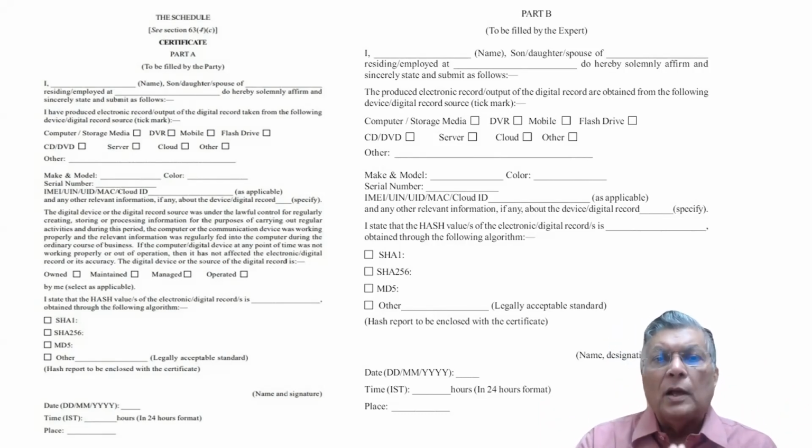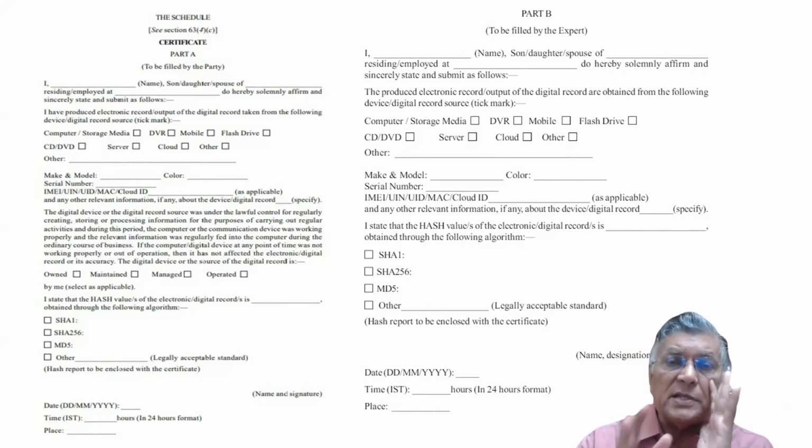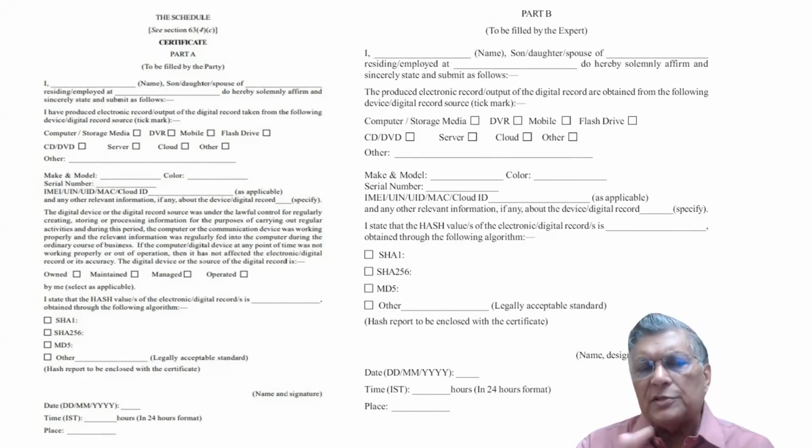Now in reality, the device is not an electronic document. It is a container of an electronic document. So it is very important for everybody working with Section 63 to realize that what is required as evidence is an electronic document, not the container of the electronic document.